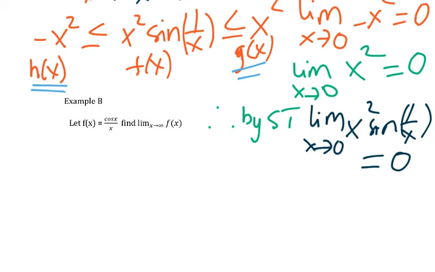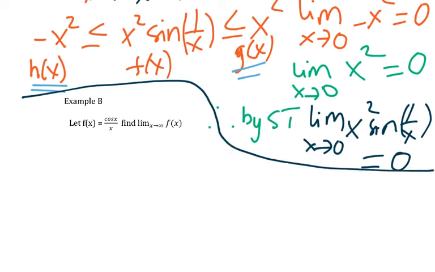Alright, let's look at the next example, example B. Again, if you just graph cosine of x over x, the problem is that it's really difficult to see what it is approaching. It looks something like this, right?